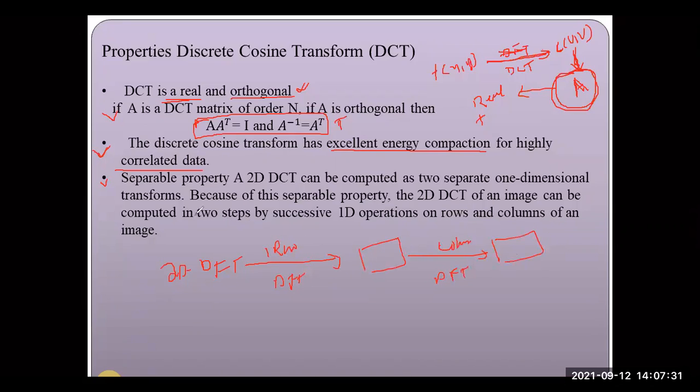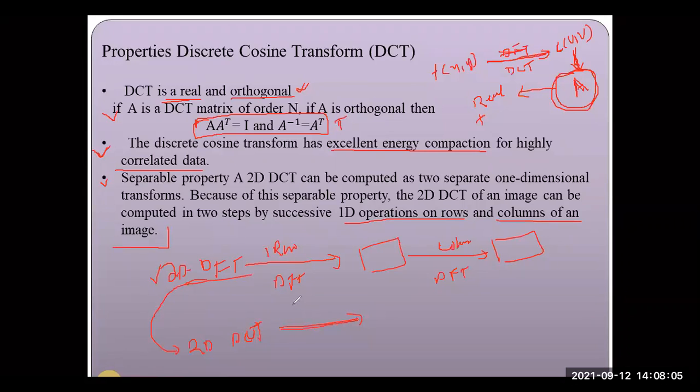Similarly here, the separable property is also valid for two-dimensional DCT. Again, the same technique: I will perform the entire DCT in two different steps, one one-dimensional operation row-wise, and the other one-dimensional operation column-wise. Whatever separable property we discussed in case of DFT will be applicable for the DCT also.